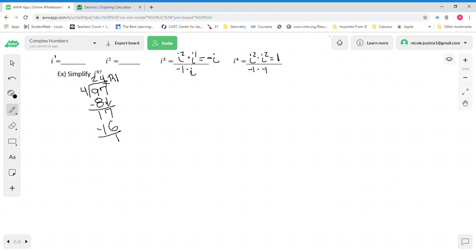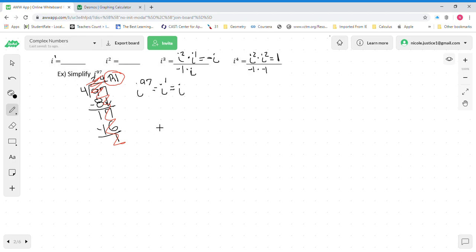Out of all this, the only thing we actually care about is the remainder of 1. The rest doesn't matter at all towards our problem. So what this means is that i to the 97th is really just the same thing as i to the first. Whatever our remainder is becomes our new exponent, which means i to the 97th is really just i.